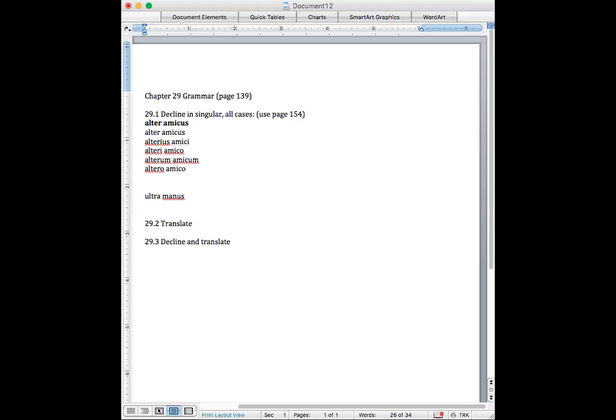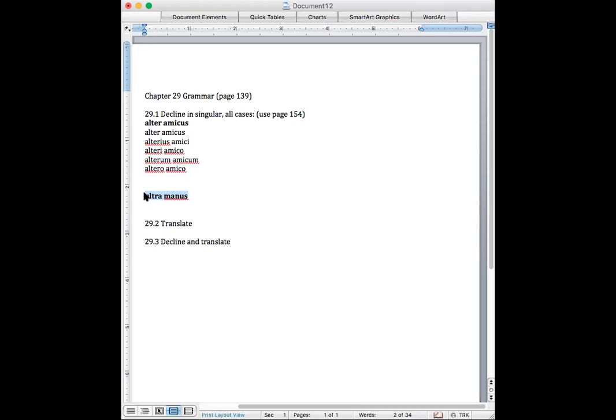Okay. So again, we have alter. We got some help from page 154 because these forms are a little bit different than what we have seen, especially in the dative. And then amicus, we declined like a second declension noun that is masculine because that is what it is.